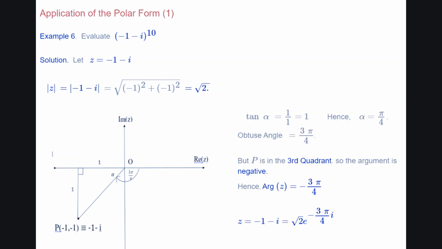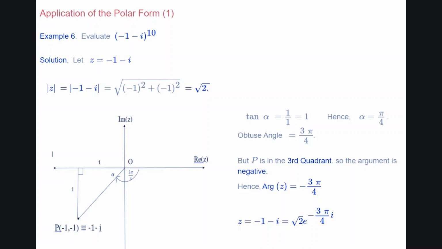By trigonometry, tan alpha is 1 over 1, which is 1, and hence alpha is pi on 4. So therefore the obtuse angle will be 3 pi on 4. But we know that the point P is in the third quadrant, so the argument has to be negative. Hence the argument of z is minus 3 pi on 4.